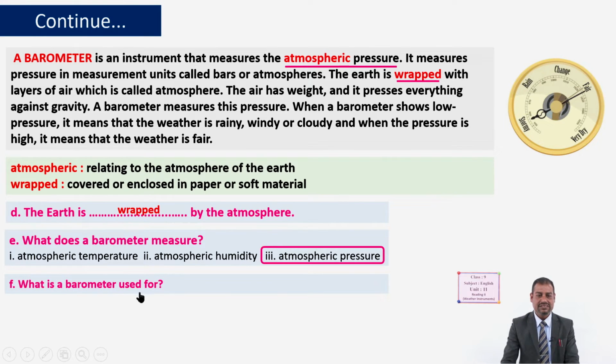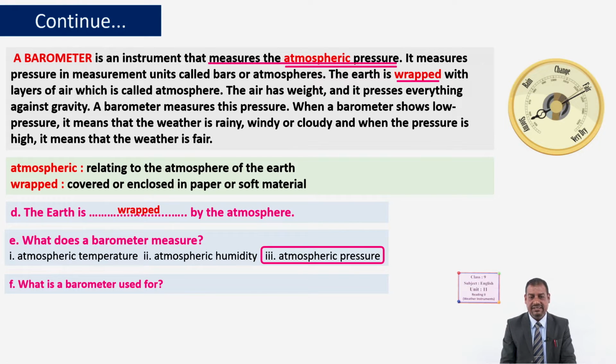Again another question for you. What is a barometer used for? So where do you find the answer? Please try to find it. Have you got it? Where is it? In which line do you find this? What is a barometer used for? See, a barometer is an instrument that measures the atmospheric pressure. It measures pressure in measurement units called bars or atmospheres. So where do you find this answer? Yes, measures the atmospheric pressure. Okay, and how do you write your answer?